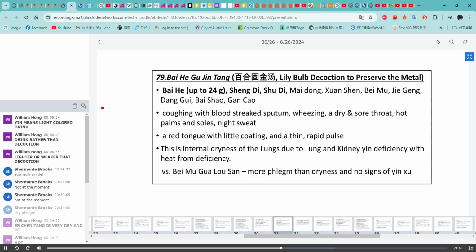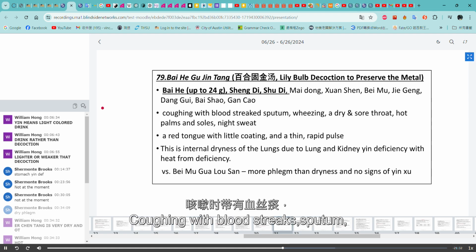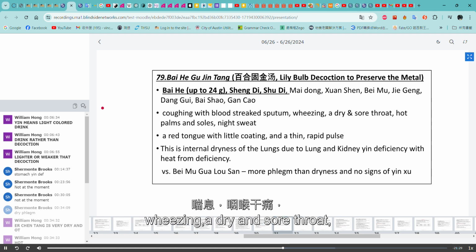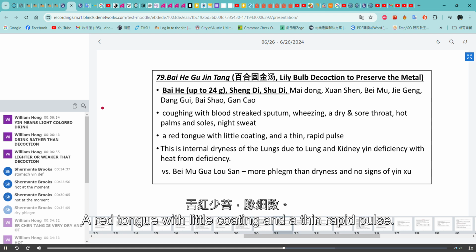Baihe Gujin Tang. Baihe up to 24g, Shengdi, Shudi, Maidong, Xuanshen, Beimu, Jiegeng, Danggui, Baishao, Gancao. Coughing with blood-streaked sputum, wheezing, a dry and sore throat, hot palms and soles, night sweat, a red tongue with little coating and a thin, rapid pulse.